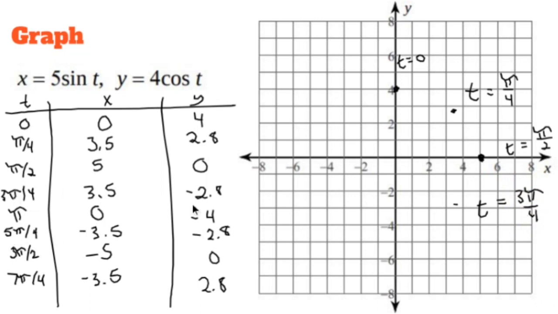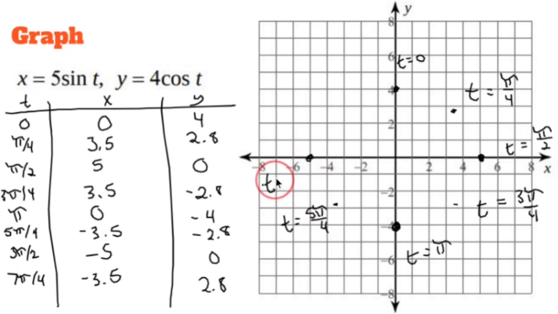What's the next one? 0, -4. That's when t was pi. -3.5, -2.8, right around there. That's when t was 5 pi over 4. -5, 0.